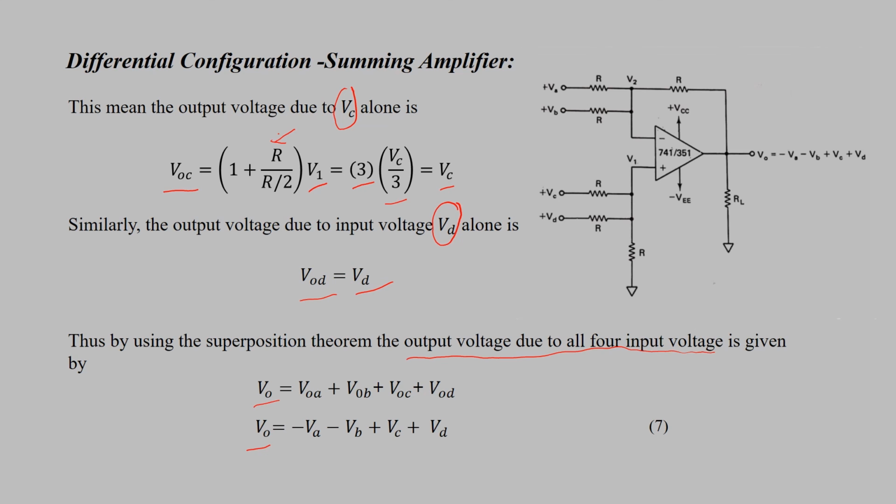This is how, by using differential configuration, we can have a summing amplifier. So in this particular session we talked about summing, scaling, averaging and subtractor. Next we will take up other applications of op amps.